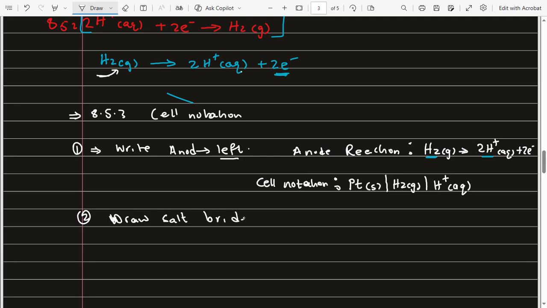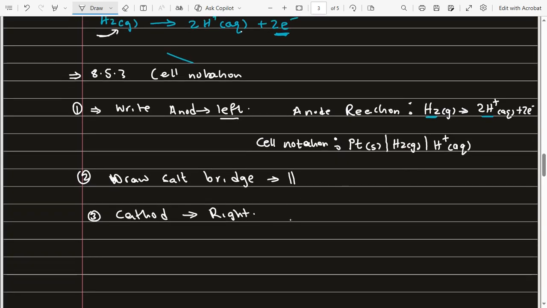And what is the salt bridge? It is denoted by the symbol like that. And then number 3, you're going to write the cathode on the right. But before you do that, write down the cathode reaction first. What is the cathode reaction?